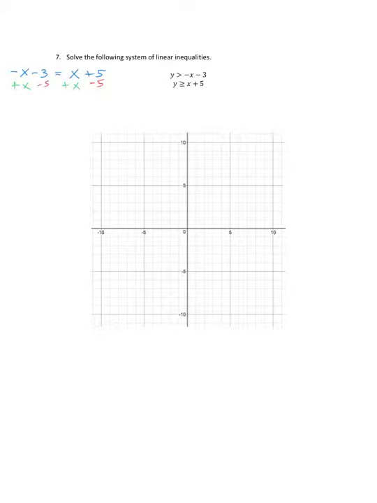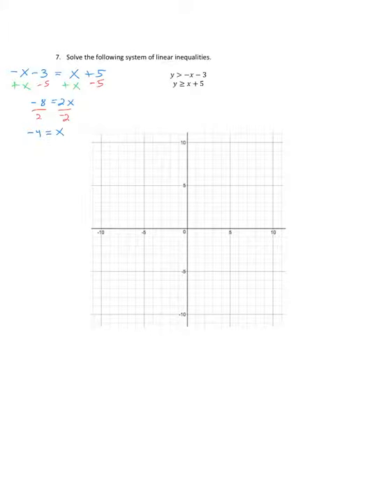This gives me negative 8 is equal to 2x. And if I divide both sides by 2, these intersect at negative 4. So I'll just keep an eye out for that when I graph these two equations.